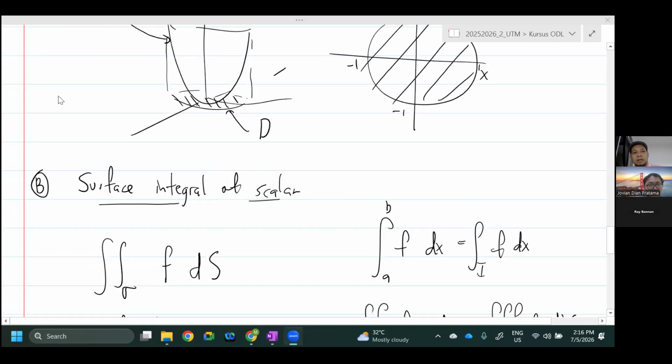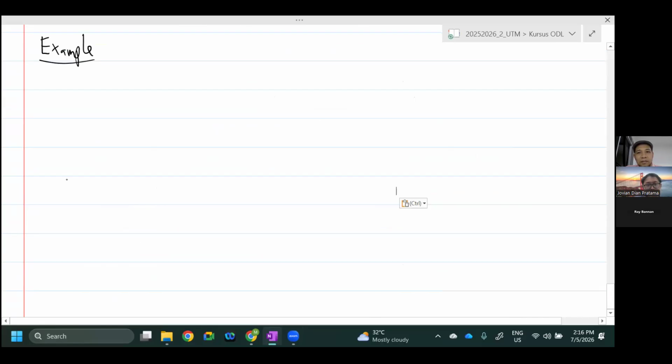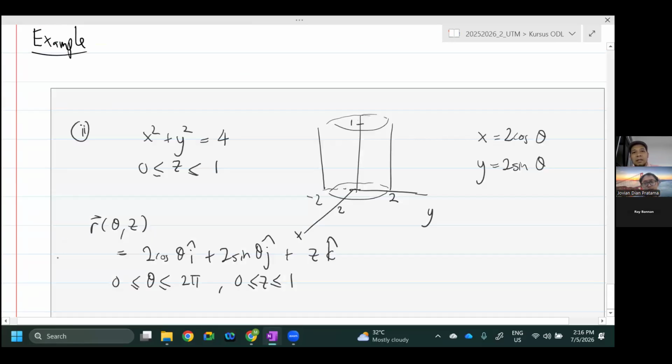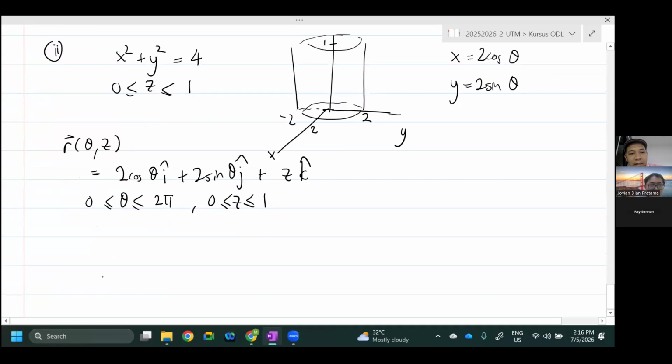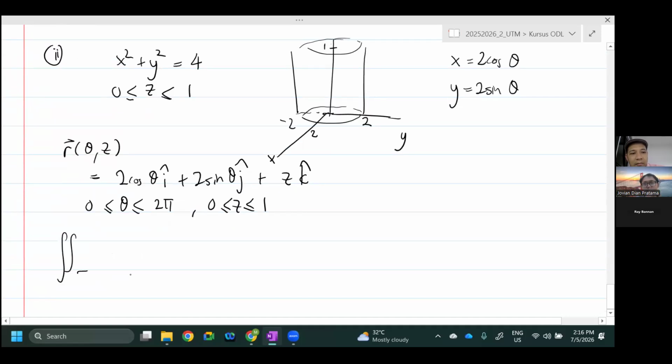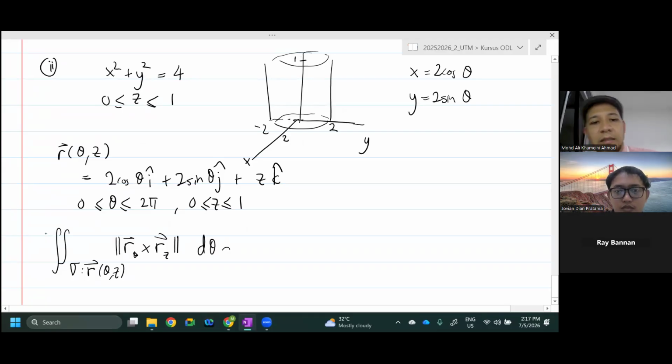I want to compute this surface area using that formula. So I need to do what? If you recall again, I have r of theta and z, and then I have the magnitude of r sub theta cross r sub z, d theta dz. So I need to compute these things. What is r sub theta?